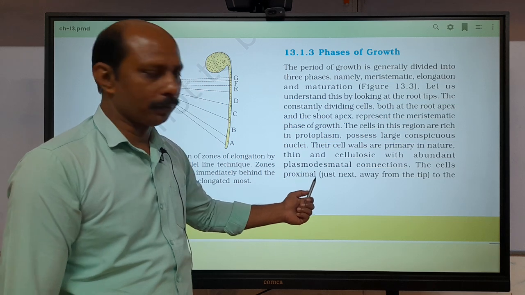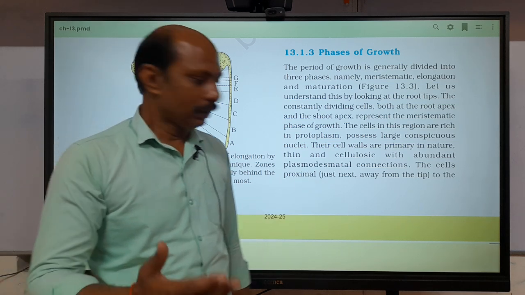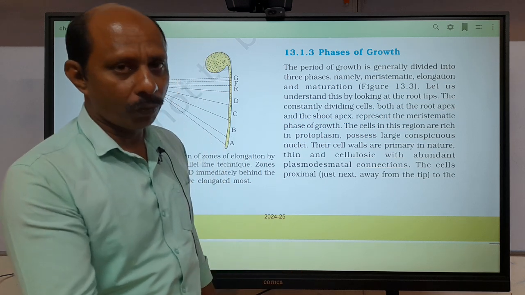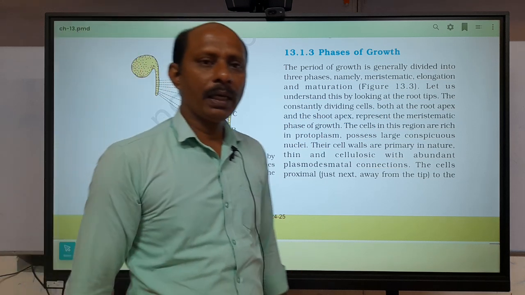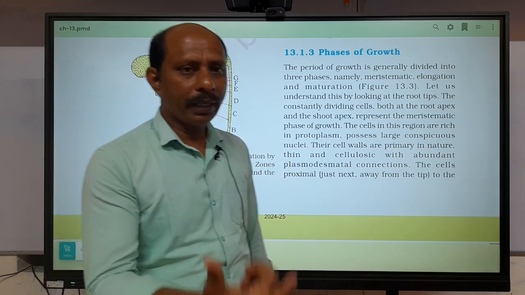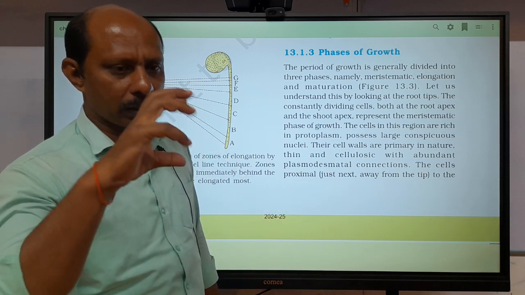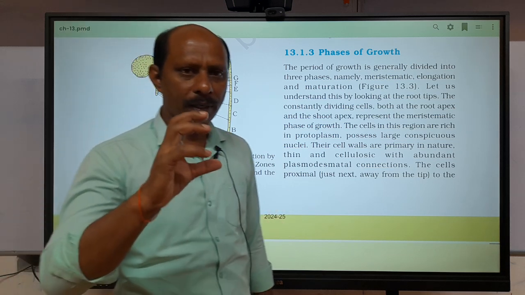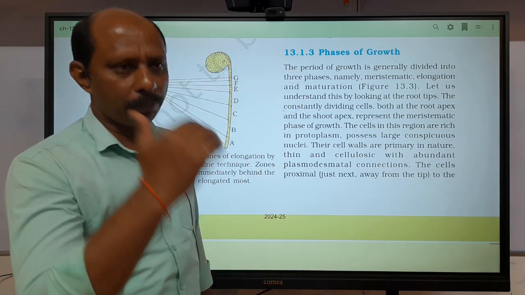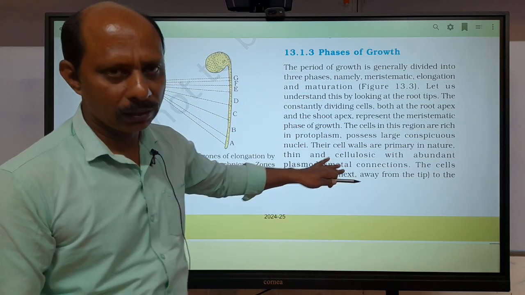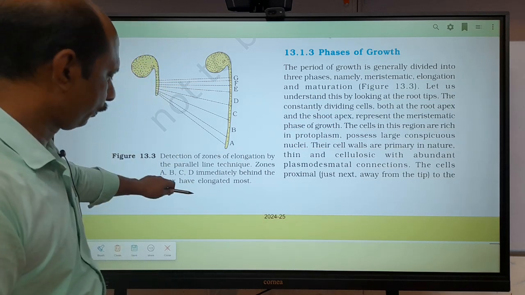These cells are proximal, just next to the tip, because at the tip in the case of root we have the root cap. After the root cap we have a cluster of permanent tissue cells, and just beneath this we have the meristematic zone, right.